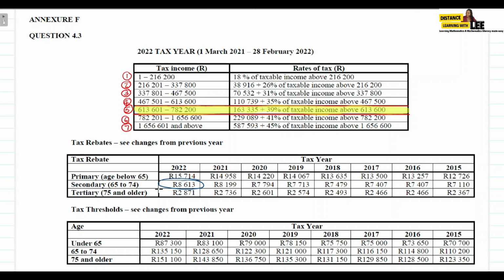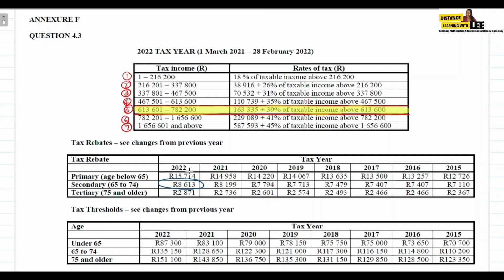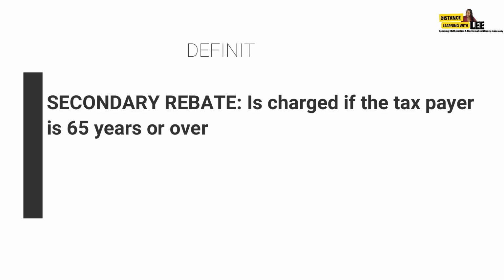However, guys, the primary rebate is a tax rebate that is charged for all people. So we still need to subtract that 15,714 and we also need to subtract that 8,613. The secondary rebate is an amount that is reduced if the taxpayer is 65 years or older.